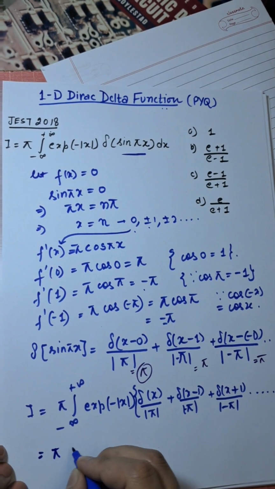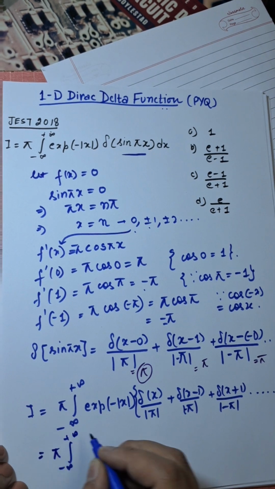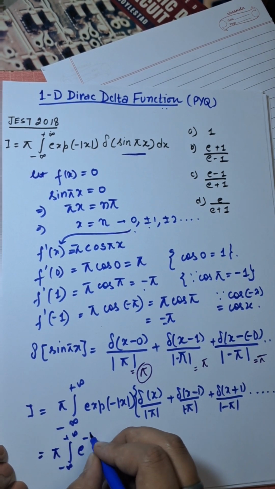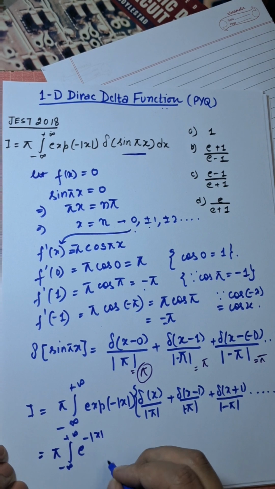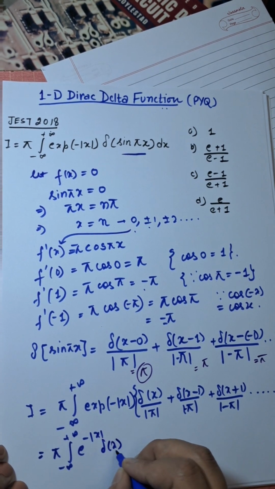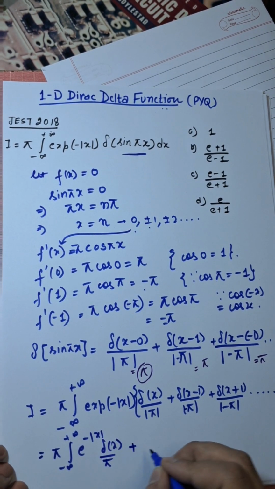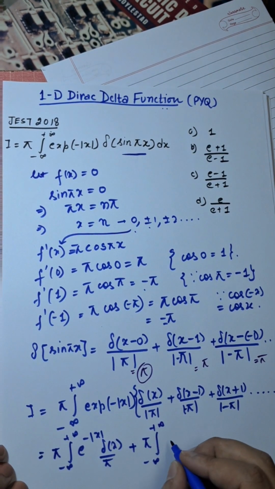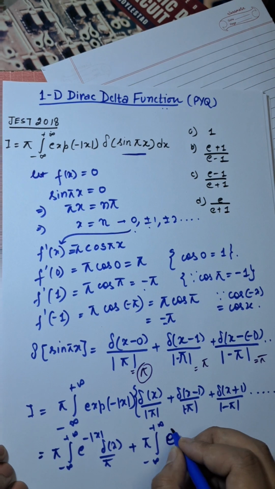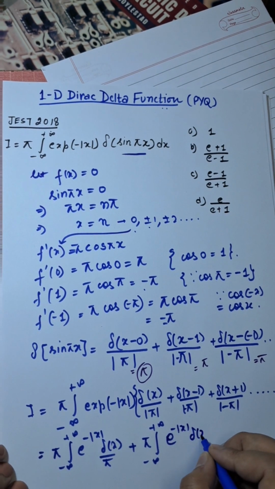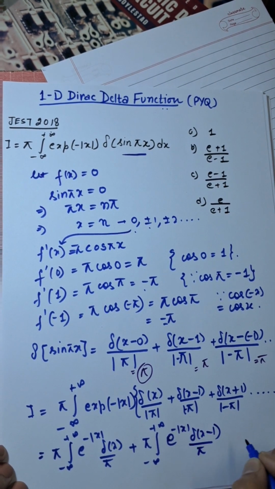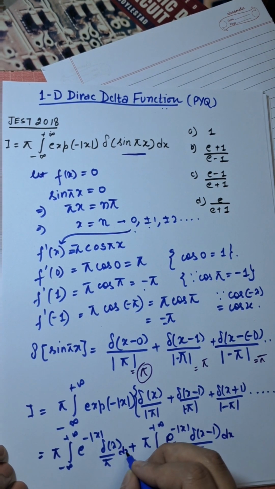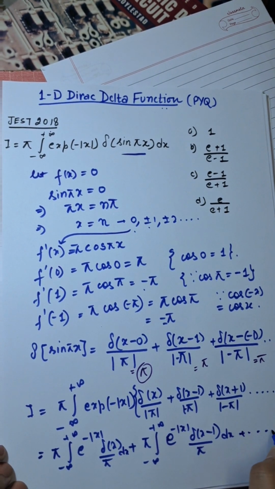After that, let us break this integration: e to the power minus |x| delta(x) upon pi, plus the integral from minus infinity to plus infinity of e raised to power minus |x| delta(x minus 1) upon pi dx, and so on.